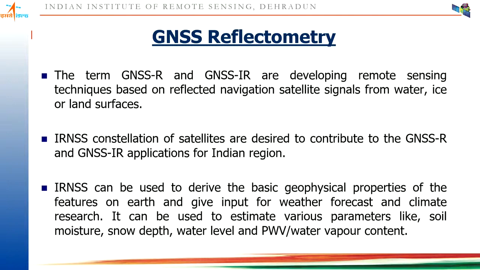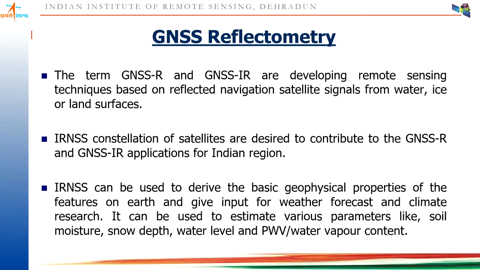Now when we are going for precise positioning, there is the concept of multipath signals. We remove multipath signals because we need to get the precise position. Precise position means we use only the direct signals coming from the GPS or GNSS satellite to the receiver.